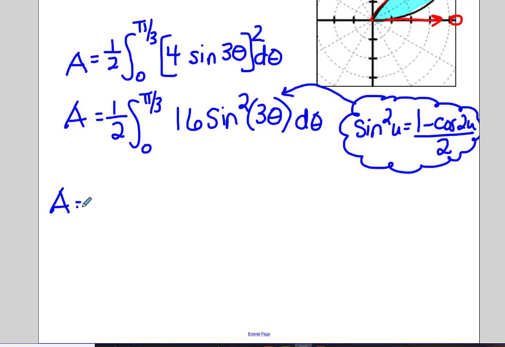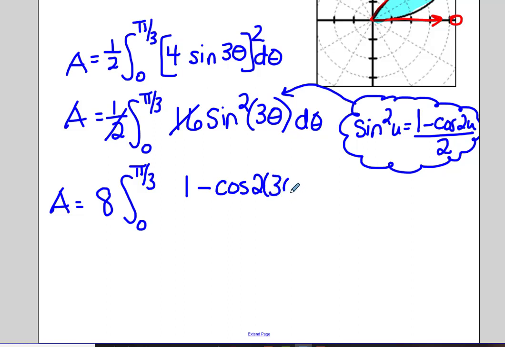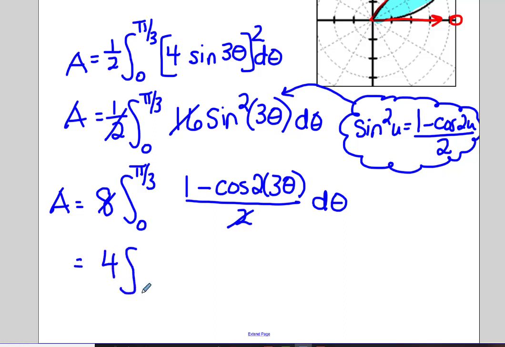So if we use this formula here, we can rewrite this sine squared of 3θ. Take this 16 with this half, so we have 8 from 0 to π over 3, and we have 1 minus cosine of 2u, and our u is 3θ, over 2, dθ. So if we pull this 2 out here with the 8, we would have 4 on the outside with the definite integral from 0 to π over 3, and that would be 1 minus the cosine of 6θ dθ.